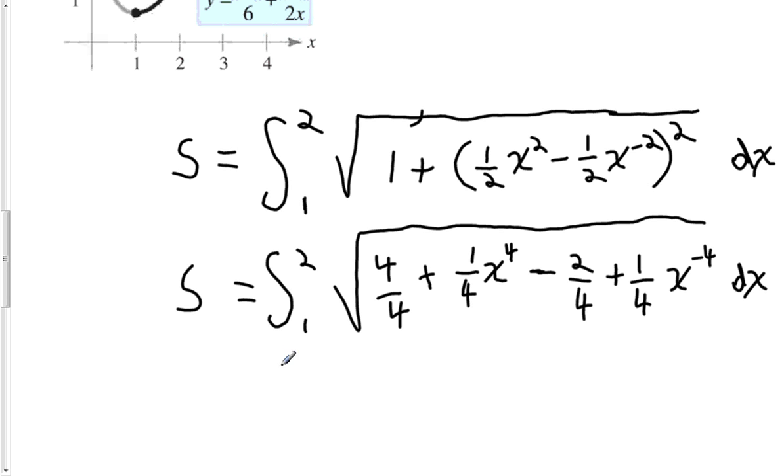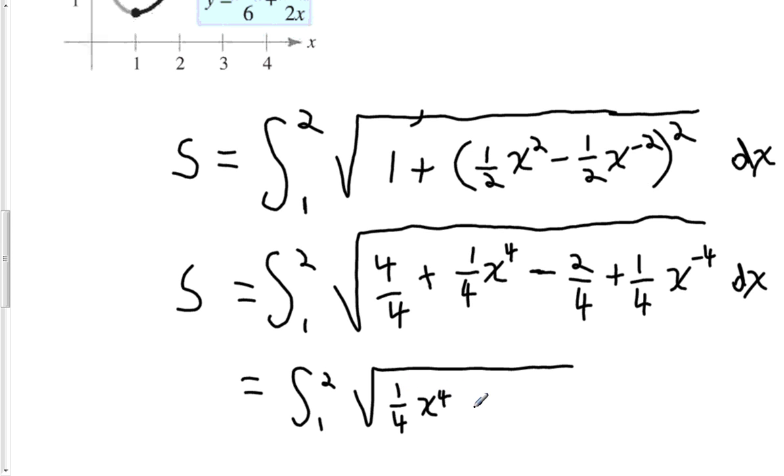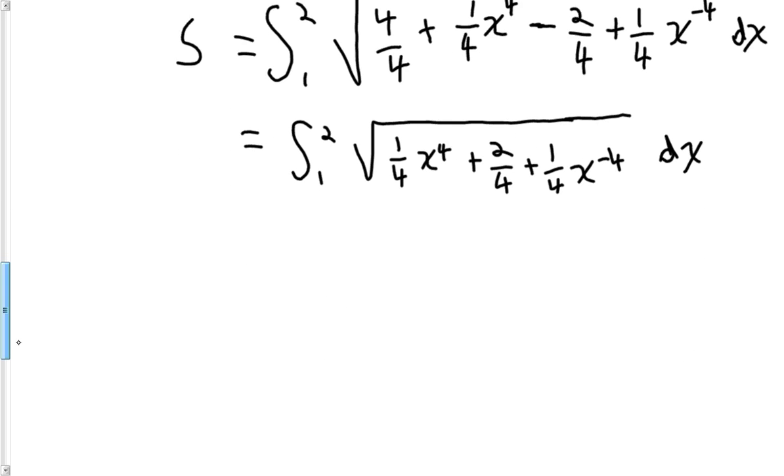So the arc length will then be the integral from 1 to 2 of the square root of 1/4 x to the fourth plus 2/4 plus 1/4 x to the negative 4. That leads us to this integral.